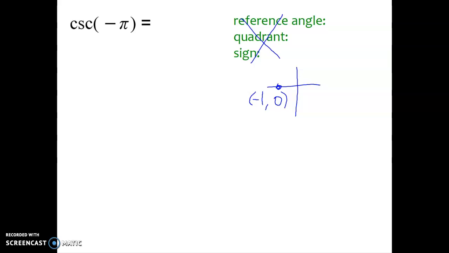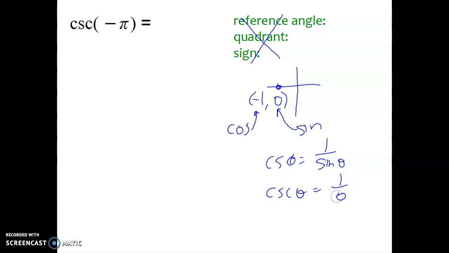Now you also have to remember, we've talked about in other videos, that cosine goes with x and sine goes with y. Well, cosecant is the reciprocal of sine, right? Cosecant of theta equals 1 over sine of theta. Sine of theta in this case is 0. So cosecant of theta equals 1 over 0.